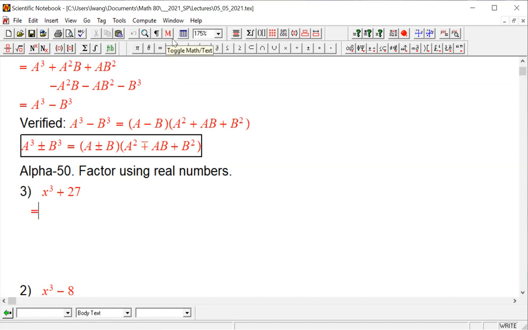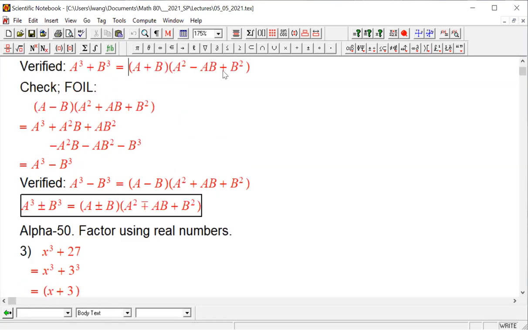It's very similar, right? It's x raised to the power 3 plus 3 to the power 3. And then you're going to use the formula, and that's going to give you x plus 3.